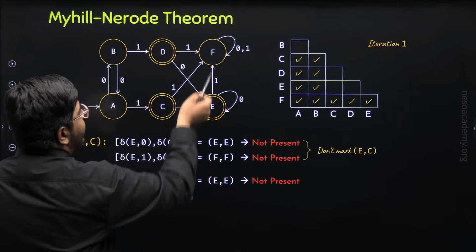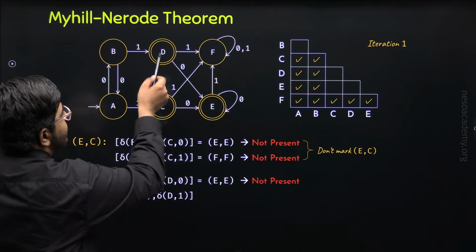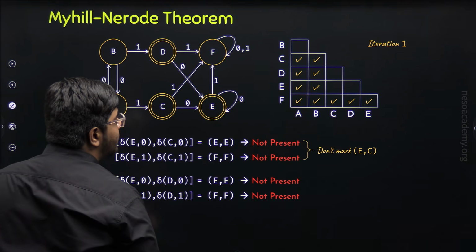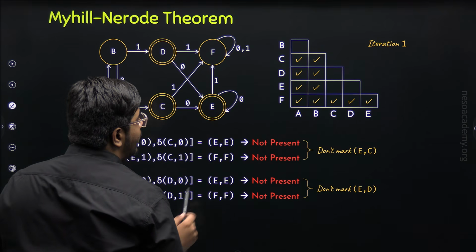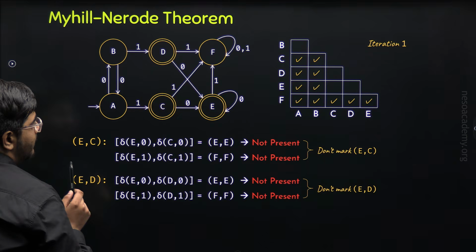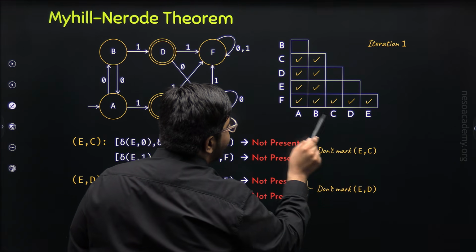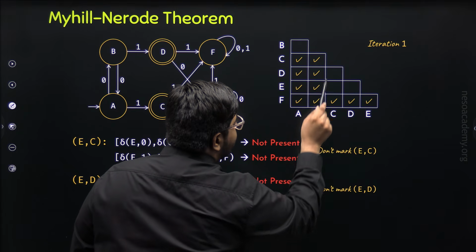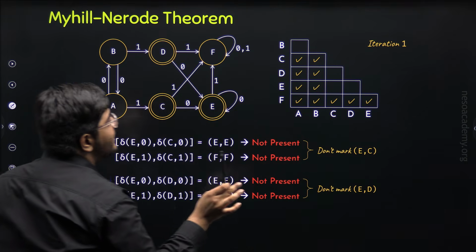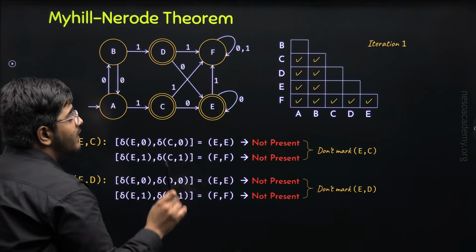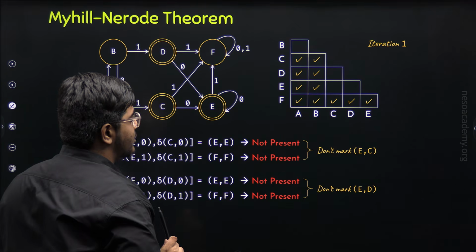So E comma 1 is F and D comma 1 is again F. So we are getting F comma F, which is also not present in our table. So we don't have to mark E comma D, which means D comma C, E comma C and E comma D, these three pairs will always be unmarked in our table. So in this way we have done with our first iteration.